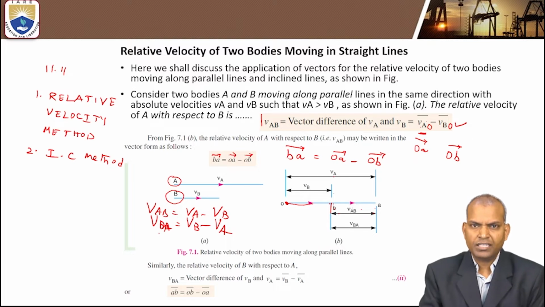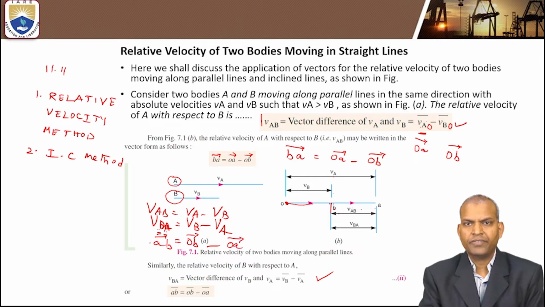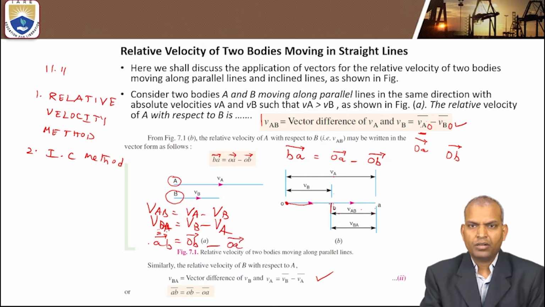The first letter indicates the particular body, that is the velocity of B, and in relation to A, that is VBA, VB minus VA. That is what we have represented. How to represent in vector form? In vector form, A to B, we have to write the direction, that equals O to B minus O to A. This is the vectorial form of the relative velocity VBA, that is the velocity of B with respect to A.